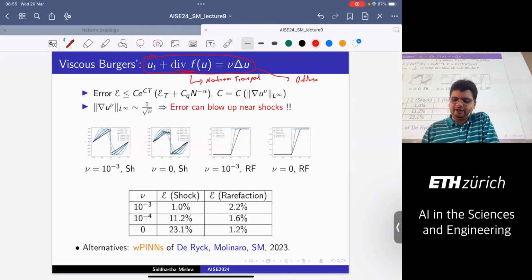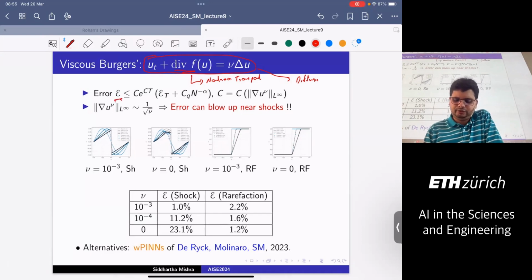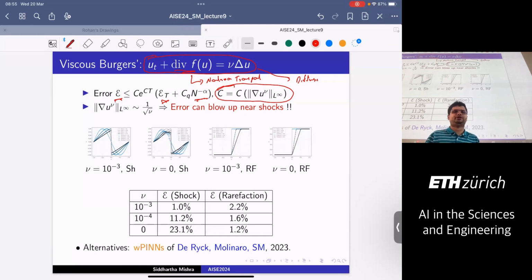Now you can do the same arguments as before. You can get an estimate on the total error, which behaves on the training error, which behaves on the number of quadrature points, and which depends on these constants. And these constants, just like in the Navier-Stokes case, they depend on the gradient of the velocity. And the point is that the gradient of the velocity, we know some estimate on it. We know we can measure it in some sense.